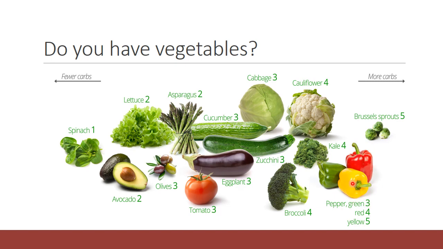You have kale, Brussels sprouts, cauliflower, cabbage, cucumber, asparagus, and lettuce. Which one's your favorite? I have my favorites. I like the yellow pepper, tomatoes, avocados, and lettuce.